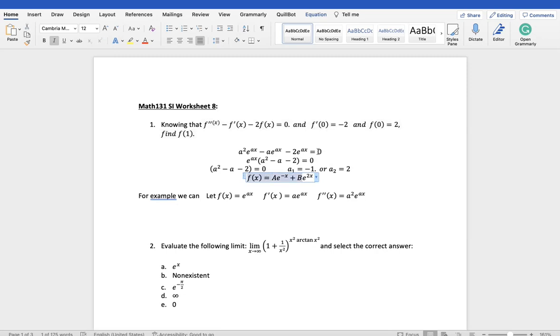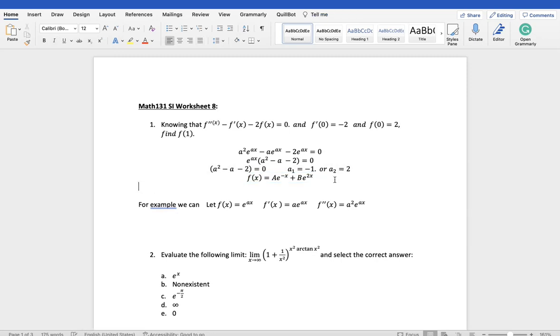But now we are given already, right? One of the things that we're given is that f of 0 is equal to 2, right? So what that means is if you substitute 0 into that expression, so let's do that.